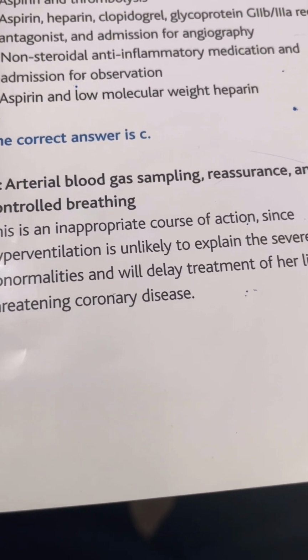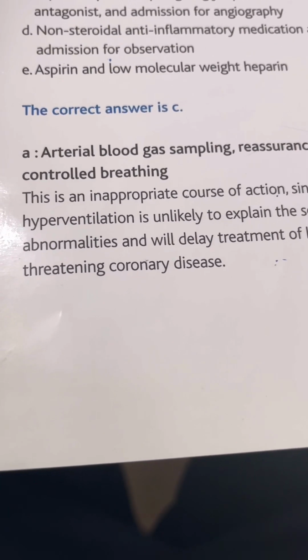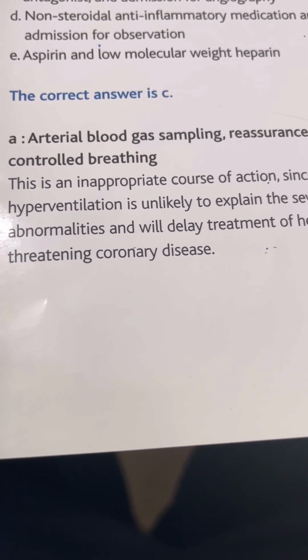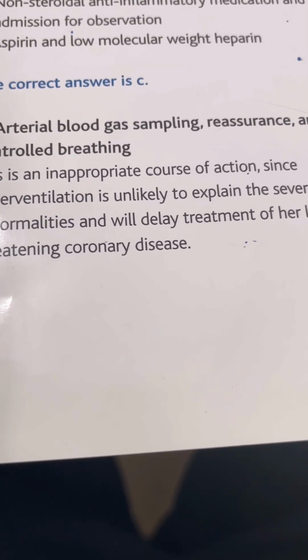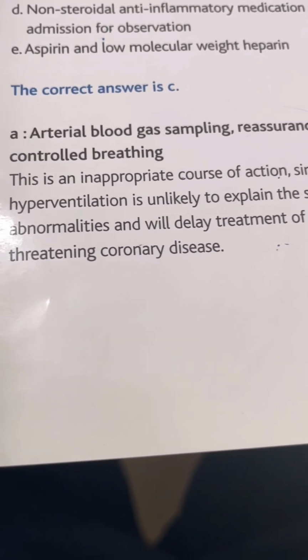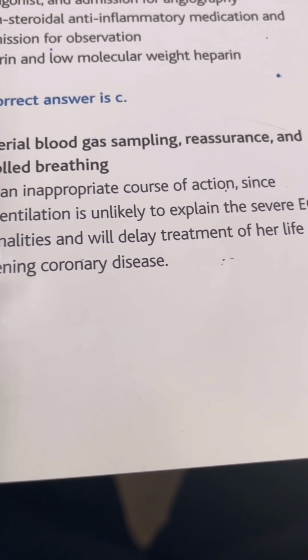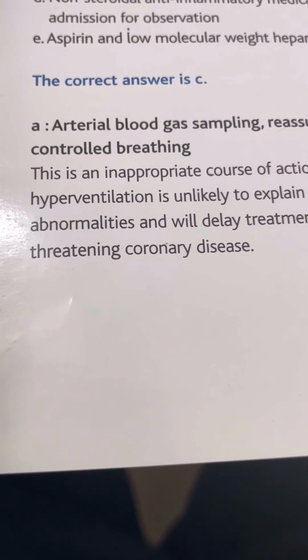Arterial blood gas sampling, reassurance and controlled breathing: this is an inappropriate course of action since hyperventilation is unlikely to explain the severe ECG abnormalities and will delay treatment of her life-threatening coronary disease.